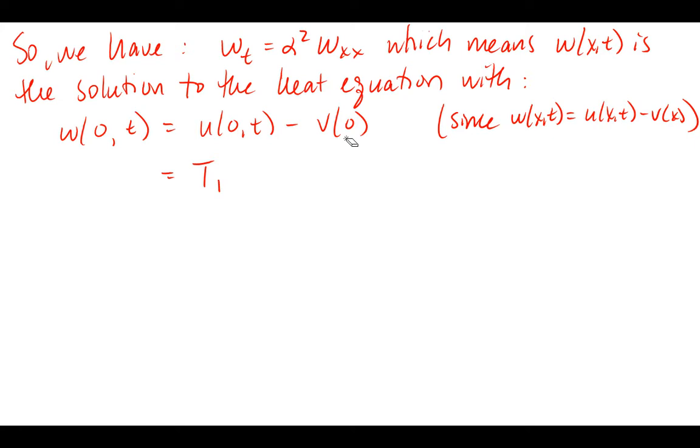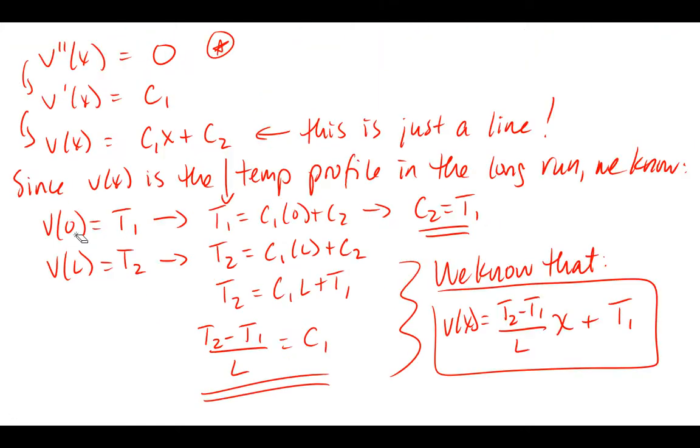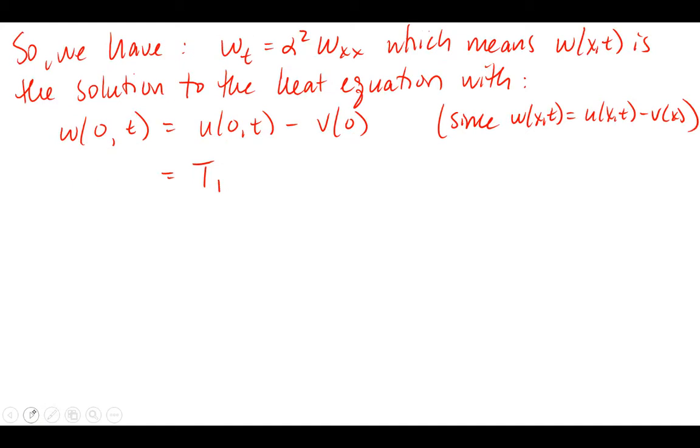And how about for V? Oh, well, we just said that too. V at the left end is also T1. Oh. So W, while it has to satisfy the heat equation PDE, has temperature 0 on the left end, not T1.